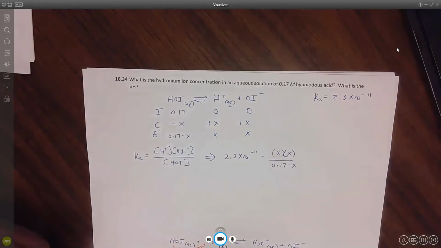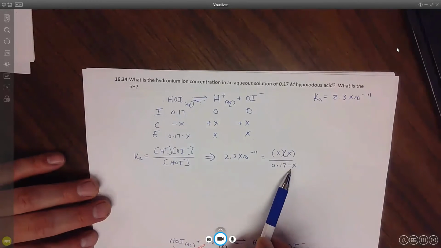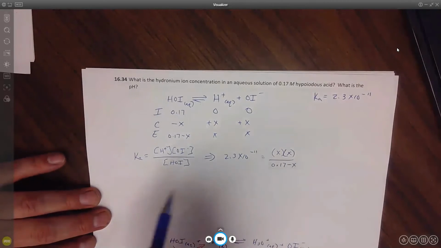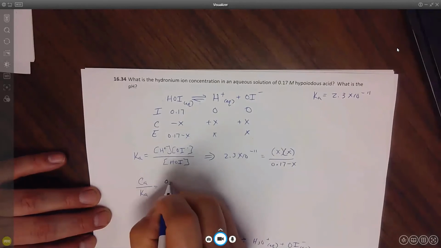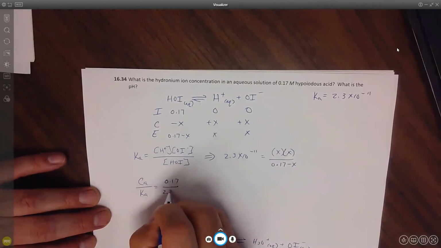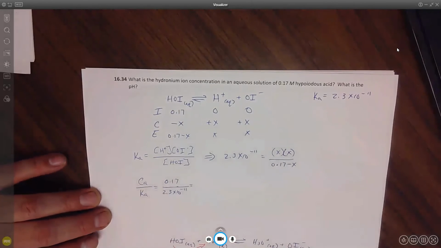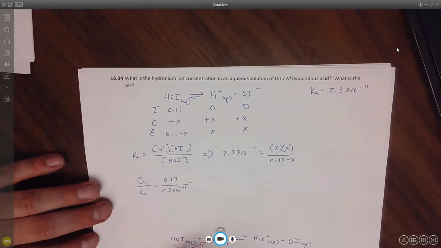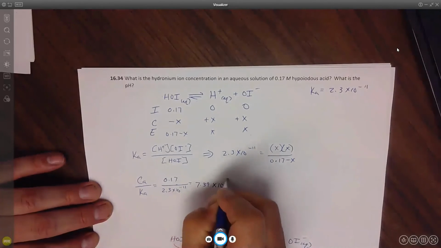Now, again, I'd prefer not to have to solve the quadratic formula, so I want to see if I can ignore this minus x term. So again, I'm just going to look at that ratio Ca over Ka, which is 0.17 divided by 2.3 times 10 to the negative 11. I can already see this is going to be over 1 billion, and it's 7.4 billion to be exact.